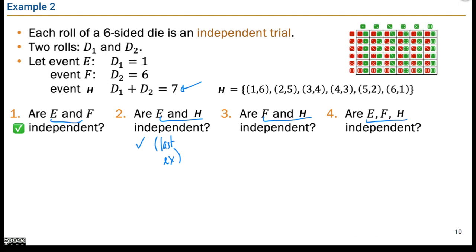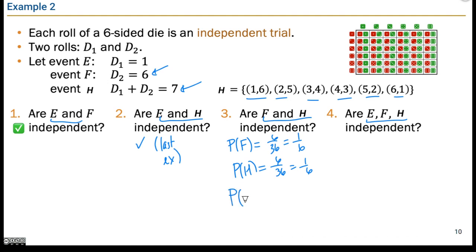So let's do probability of F. Okay, that's 6 out of 36. Probability of H, we showed last time because it has 6 possible outcomes, is also 1/6. Probability of F and H. So let's see how that's going to work.